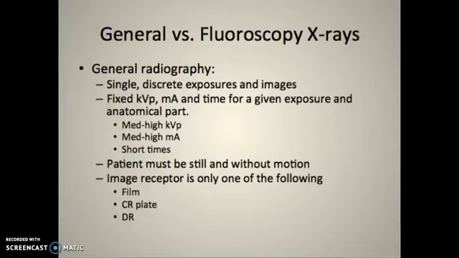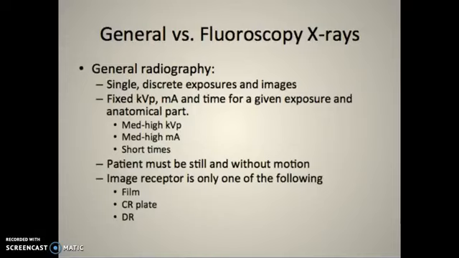General versus fluoroscopic X-rays. In a general room, it's single and discrete exposures of images. We take a radiograph and then we need to process the image. If it's digital, it comes up on the monitor in basically real time. It has fixed kVp and mA, and we select the time, and we want to pick the shortest time possible.